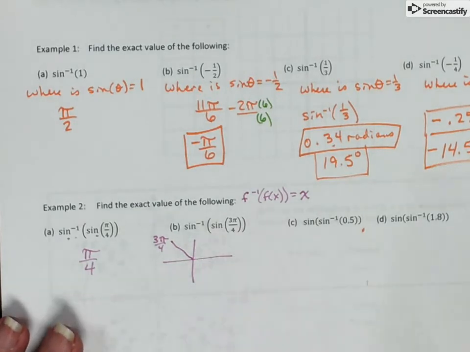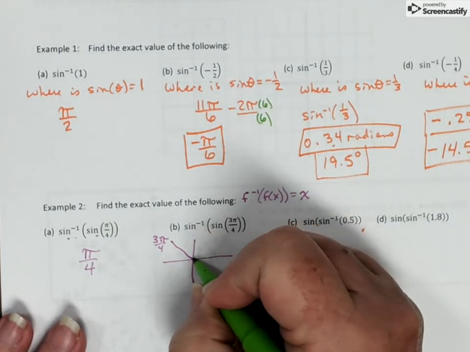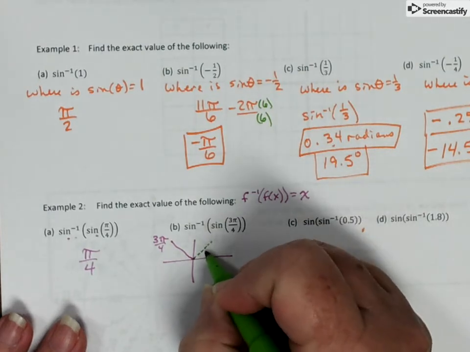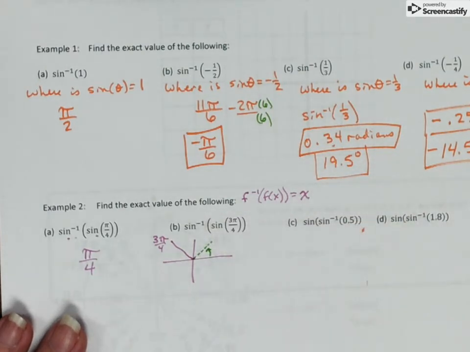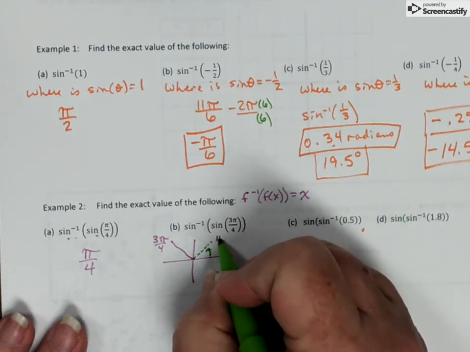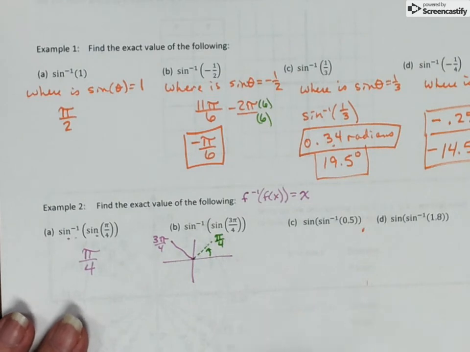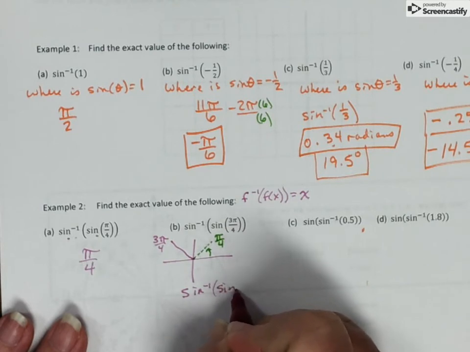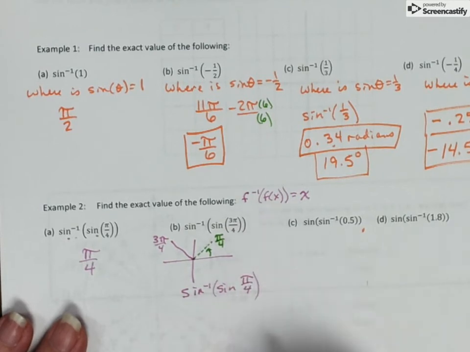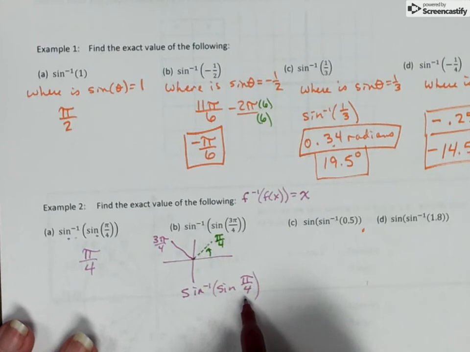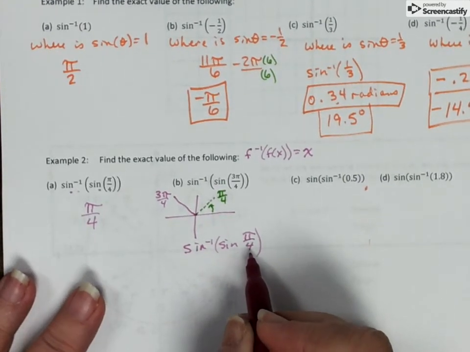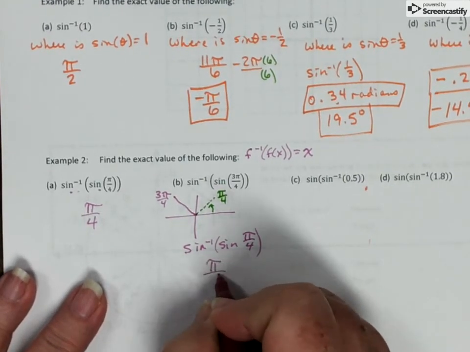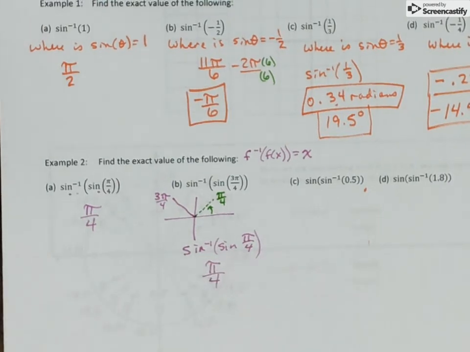But remember on the unit circle, there's another angle over here that has the same reference angle. That is at pi over 4. So I can rewrite this problem as the inverse sine of the sine of pi over 4, and pi over 4 is in the domain. I am allowed to use that, so the answer is simply pi over 4.